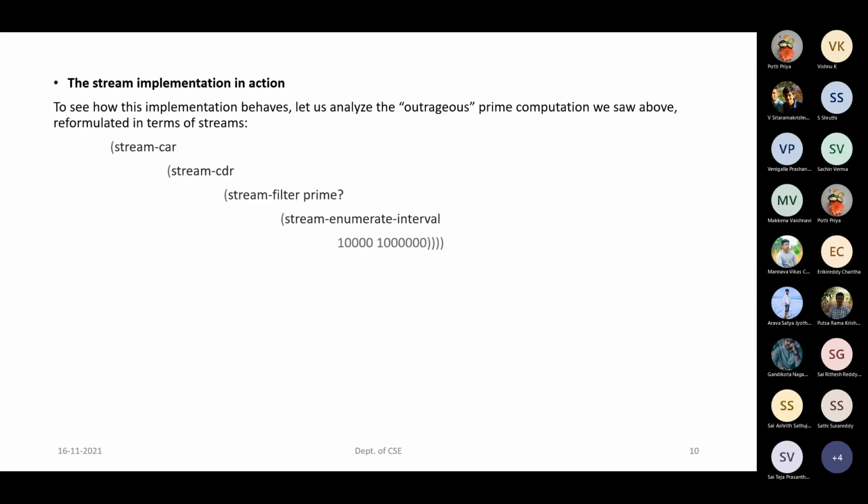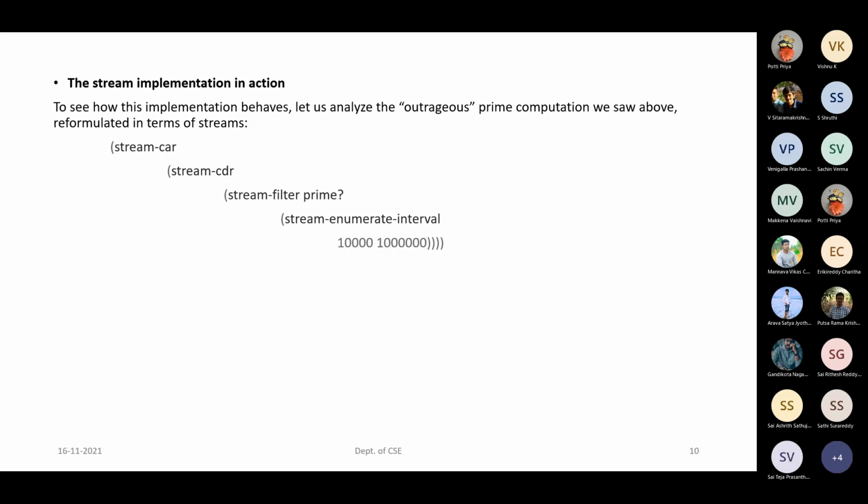Okay, so let's see with an example what we have done. The previous example is where we have enumerate interval from 10,000 to 10 lakhs, and we have applied the filter prime procedure, and then car of CDR so that we can get the second prime number.